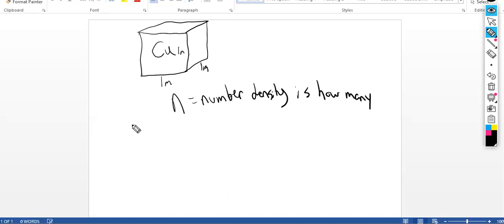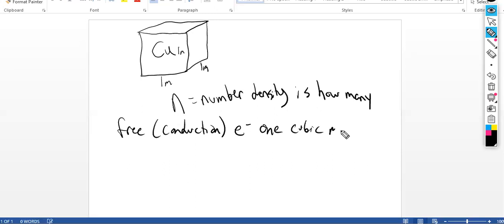Number density: how many free, or conduction, electrons one cubic meter possesses.